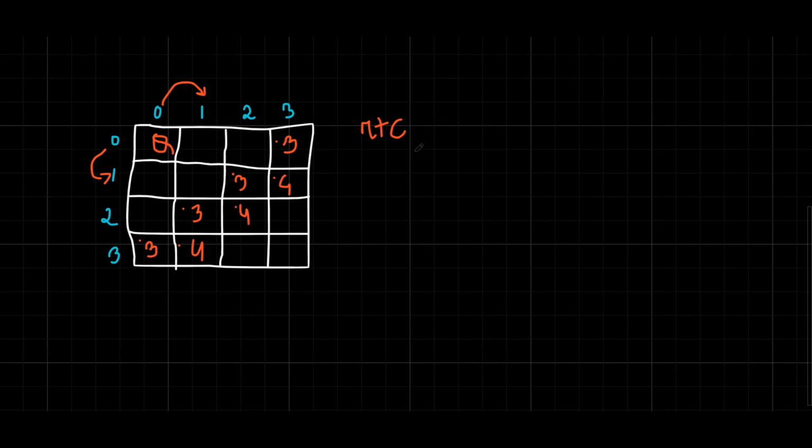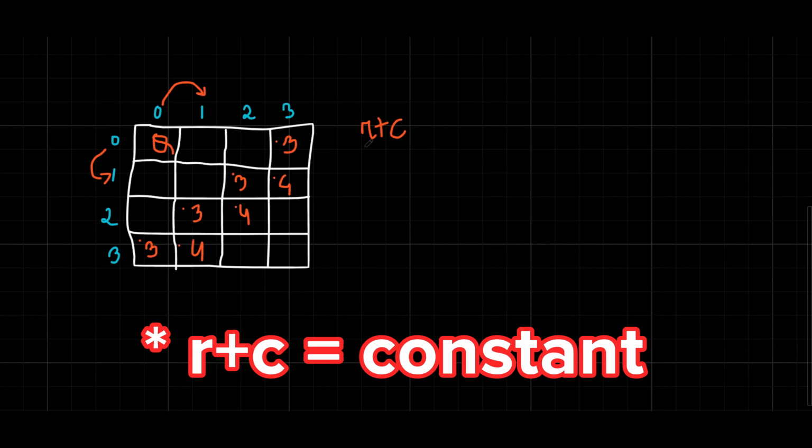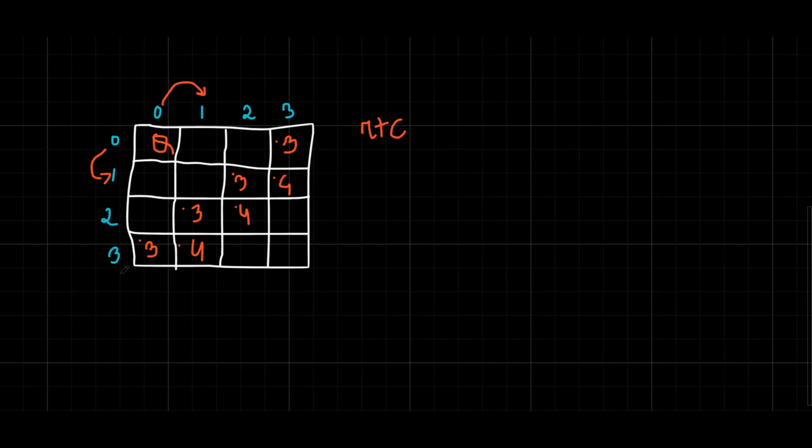So we can say that the value of row plus column is the same for every cell in a positive diagonal. So for a queen, we should not place any other queen in a cell for which r plus c is equal to 3 or 4. By using the value r plus c, we can find all of the positive diagonals.